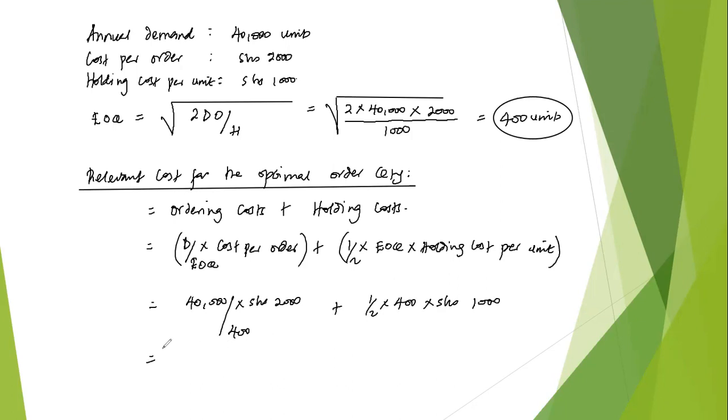So this gives us how much? 40,000 divided by 400 times 2,000. This gives us 200,000. Half of 400, that is 200 times 1,000, which gives us shillings 200,000.